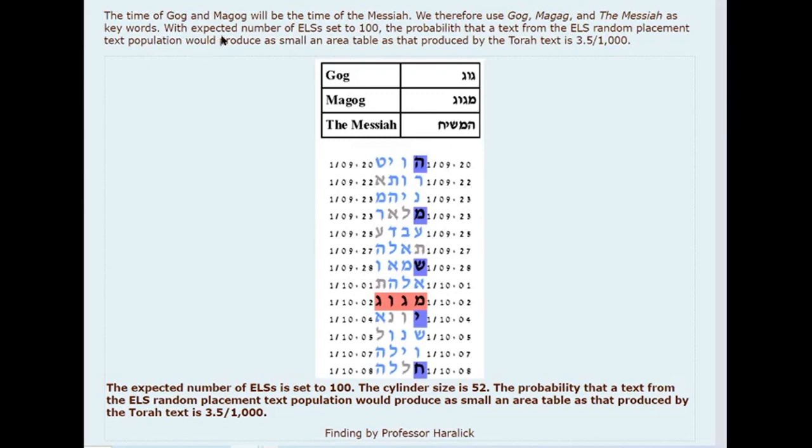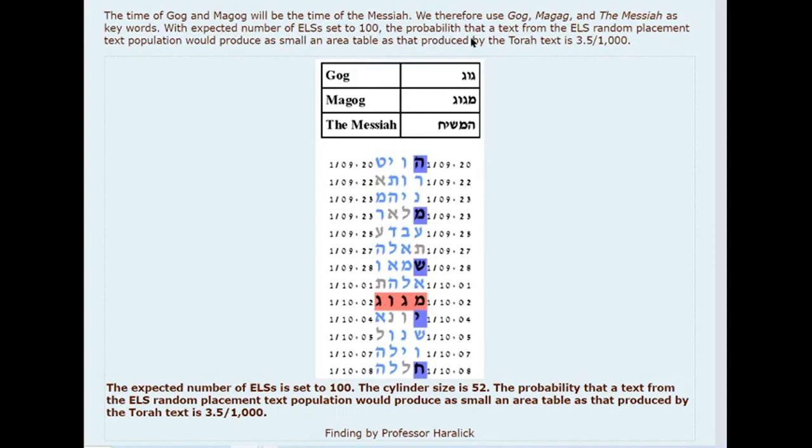Then, the second table which he brings there is the following. The time of GOG and MAGOG will be the time of the Messiah. Because they will come against the Messiah, when the Messiah comes to help Israel, we therefore use GOG, MAGOG, and the Messiah as keywords, with the expected number of ELS set to 100.